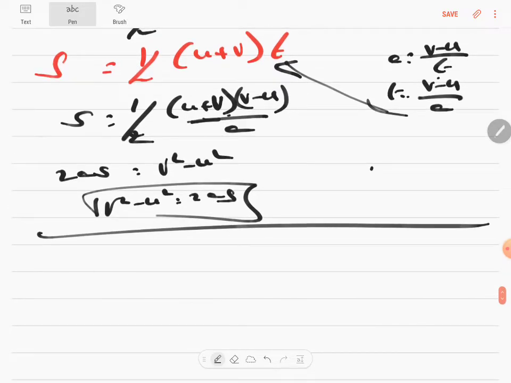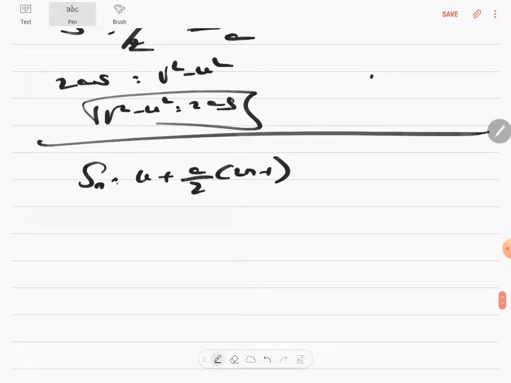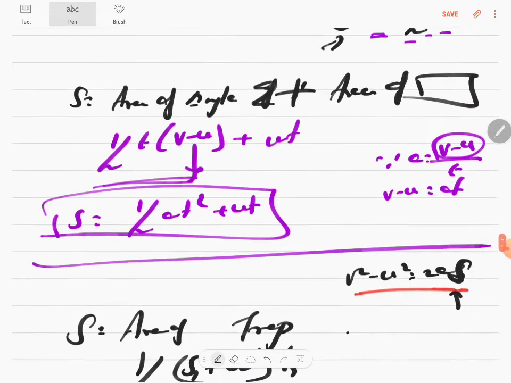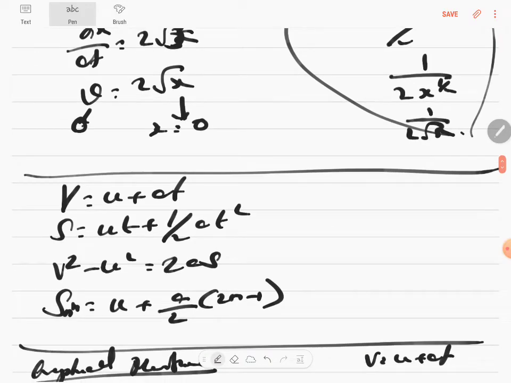Next is the Snth formula, which is the distance travelled by Siddharth in the nth second, say the 6th second. That distance, remember, is U plus A by 2 into 2n minus 1 is the formula. So how did we get this formula? If you want the nth second, it is Snth, sorry, not Sn. There's a big difference between Sn and Snth, correct?